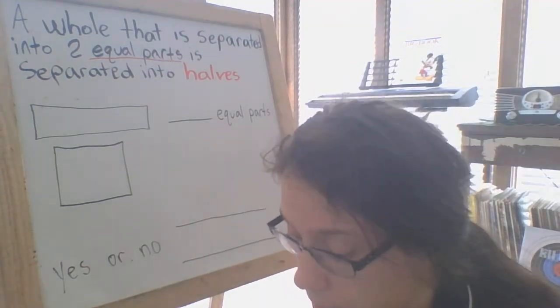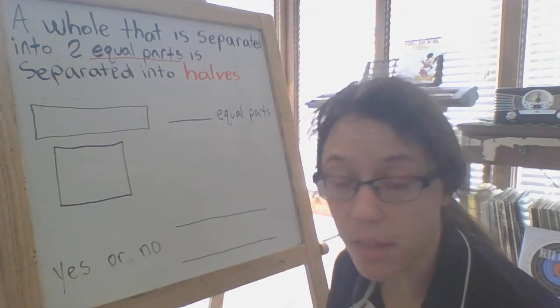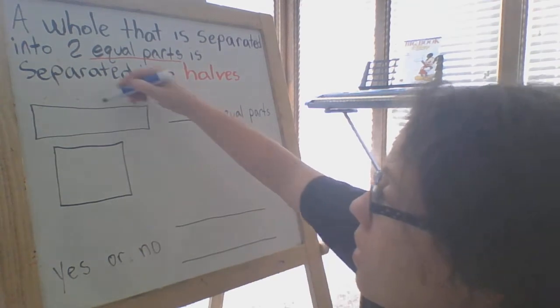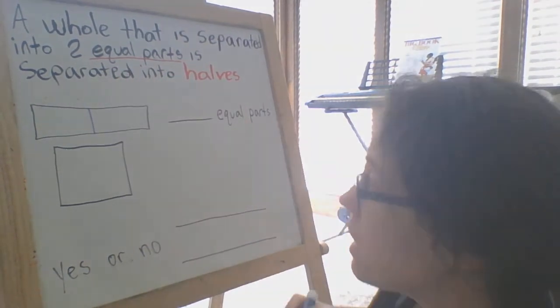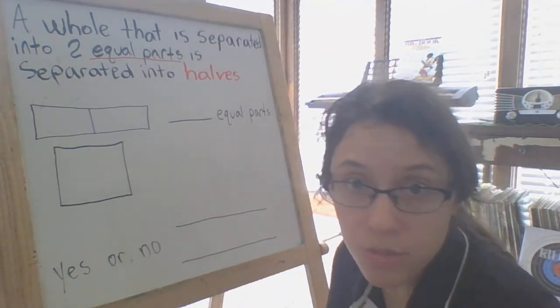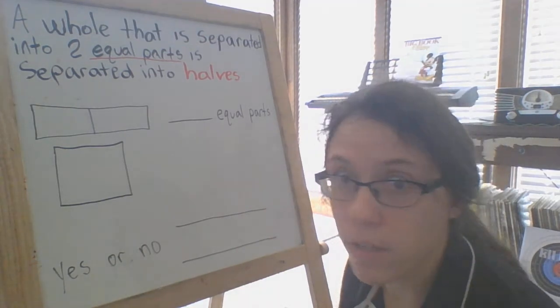Now, the problem says he cuts it in half. Well, we learned how to cut things in half. So I'm going to take my blue marker and cut it in half. See, this is why fractions are real world. Just like I said in the beginning, this could very well happen to you at any time. There's one hot dog left. Your sister wants a half. Your brother wants a half.